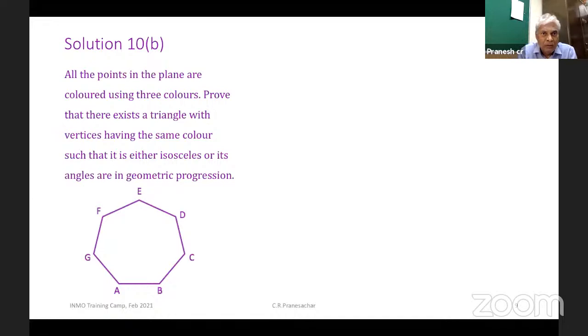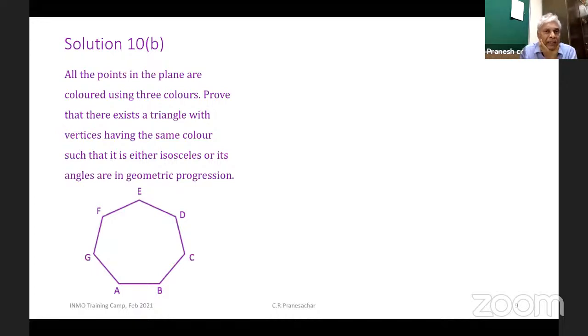When I say all the points in the plane are colored by 3 colors, we mean that there is a function from the set of points in the plane to a 3-color set. So each point is allotted a color.